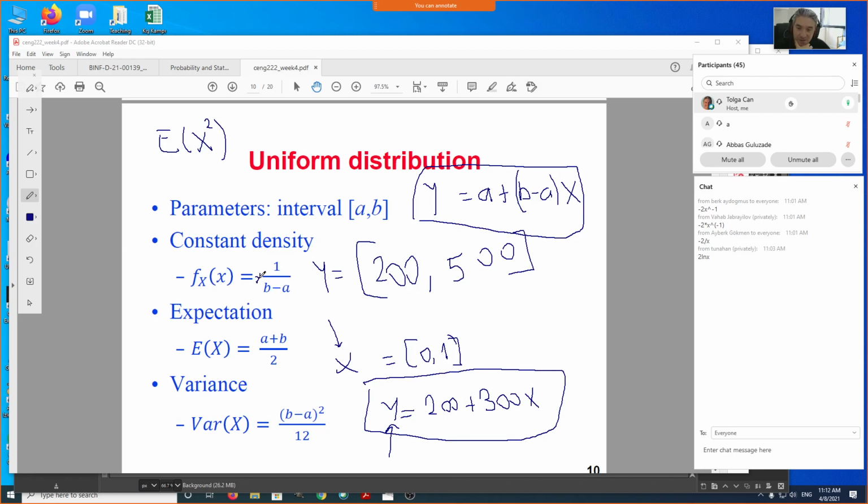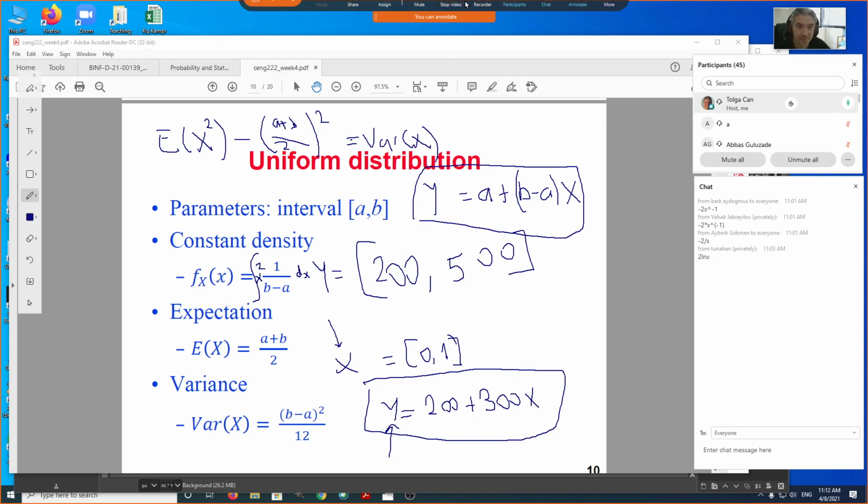You multiply this with x squared and take the integral to find the expected value of x squared, and subtract from it the square of the expected value, (a plus b) over 2, squared. Then you get yourself the variance, which is (b minus a) squared divided by 12. So you just need to do some mathematics, taking some integrals to do that.